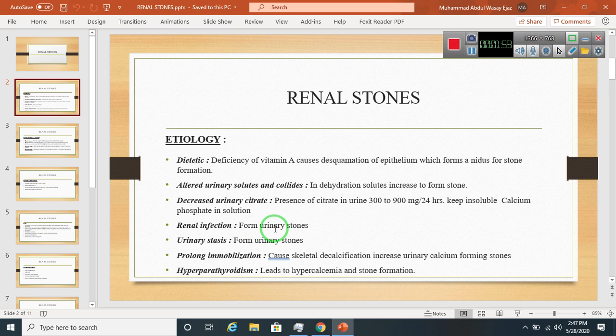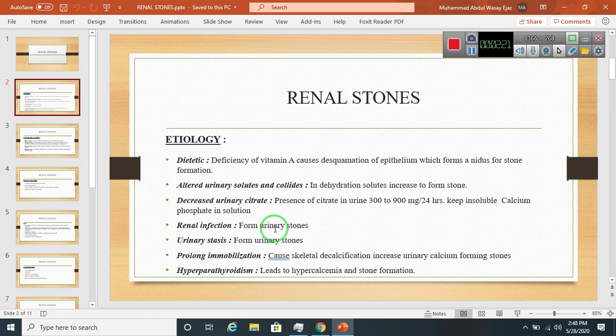Then urinary stasis. Urinary stasis, as in case of bedridden patients, paraplegia, or CVA patients, where the patient is unable to move from the bed, causes stone formation.